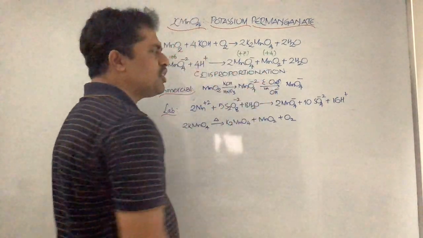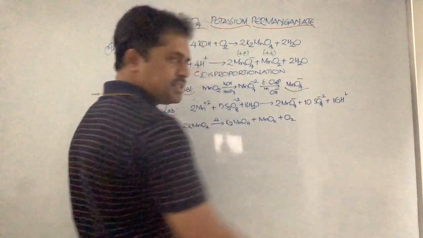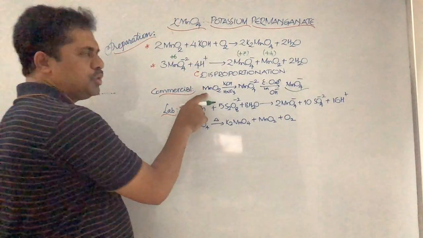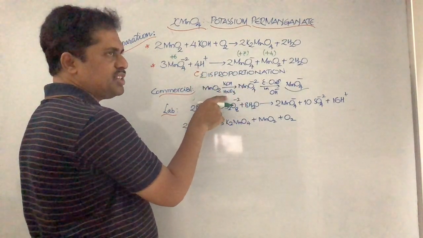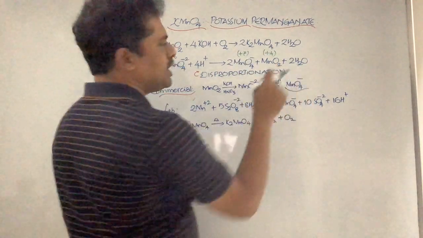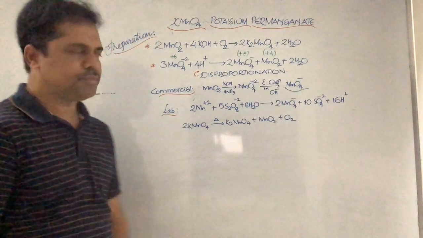Now we are doing an electrolytic oxidation in basic medium, so that it turns into MnO4 minus. Potassium permanganate is formed. MnO2 to MnO4 2-, the first step is the same: fused with KOH and oxidized with HNO3 to form MnO4 2-. MnO4 2- is oxidized to get MnO4 minus, that is permanganate.